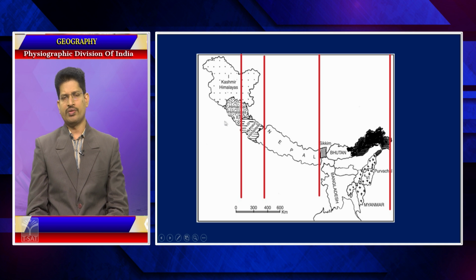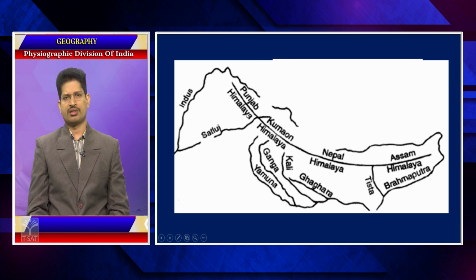So, the Himalayas are also divided in this orientation from east to west, and these are the different divisions, to be explained according to the context required. Kumaon Himalayas, the Punjab Himalayas, the Nepal Himalayas and the Assam Himalayas are the eastern Himalayas.